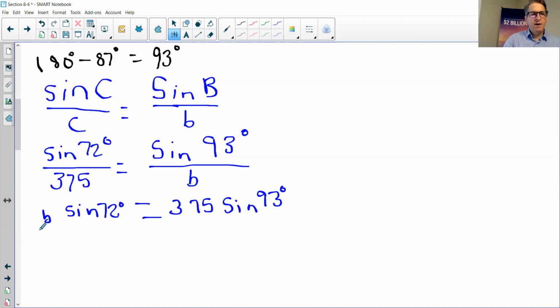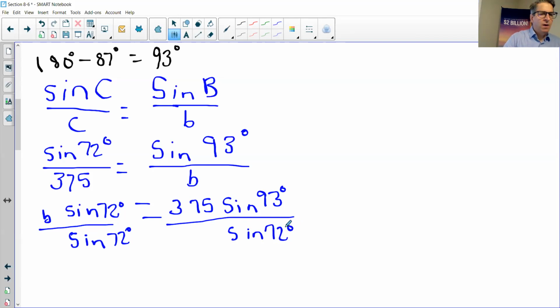If I divide by sine of 72 on both sides, I will have b by itself.